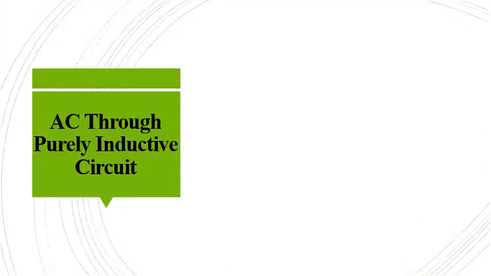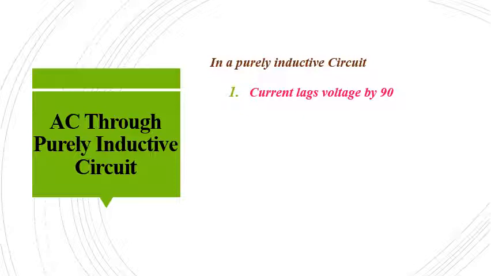So summarizing, in a purely inductive circuit, current lags the voltage by 90 degree. That is, if the voltage is Vm sin omega t, then the current will be Im sin of omega t minus 90 degree, lagging, so a minus sign.